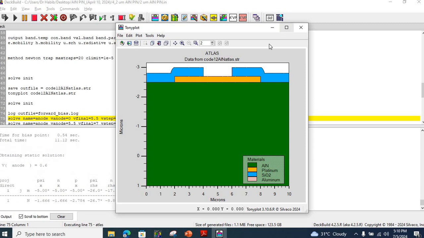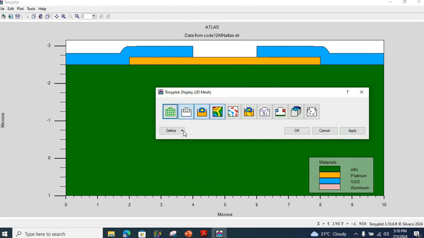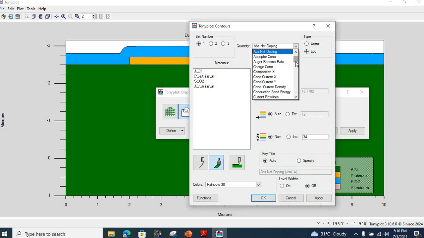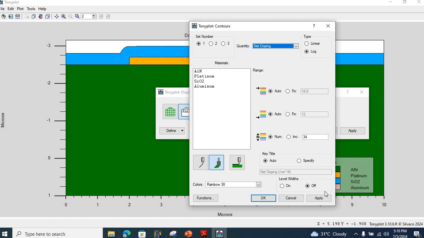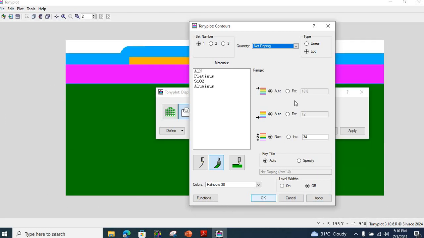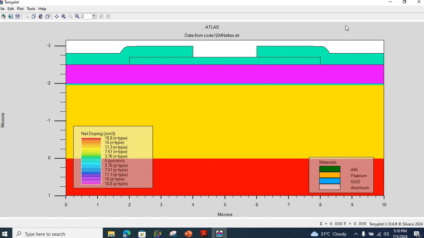Here is the structure once again. I go to display, I go to contours, go to define, contours, and then I go to net doping, hit apply. Yeah, now it's working. For some reason it stopped working. I was not able to see the net doping. Don't know why, but things happen sometimes. Funky things happen. So you gotta restart.